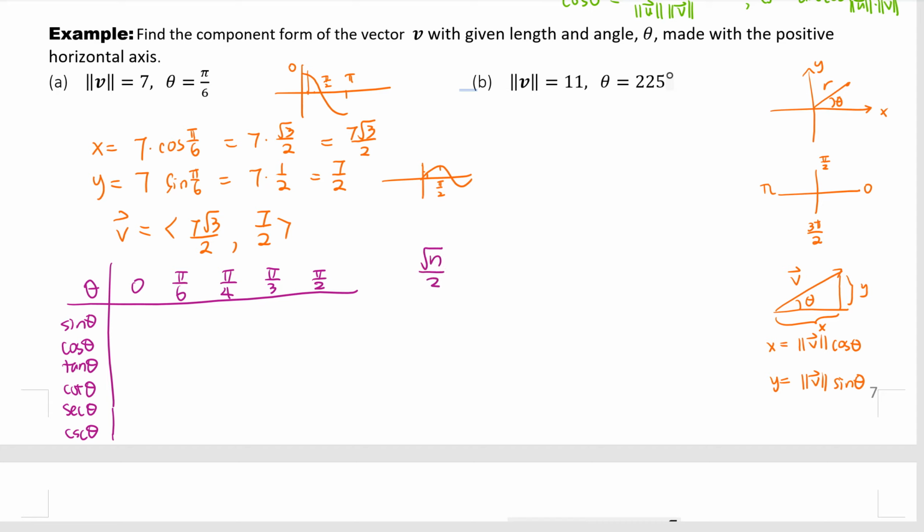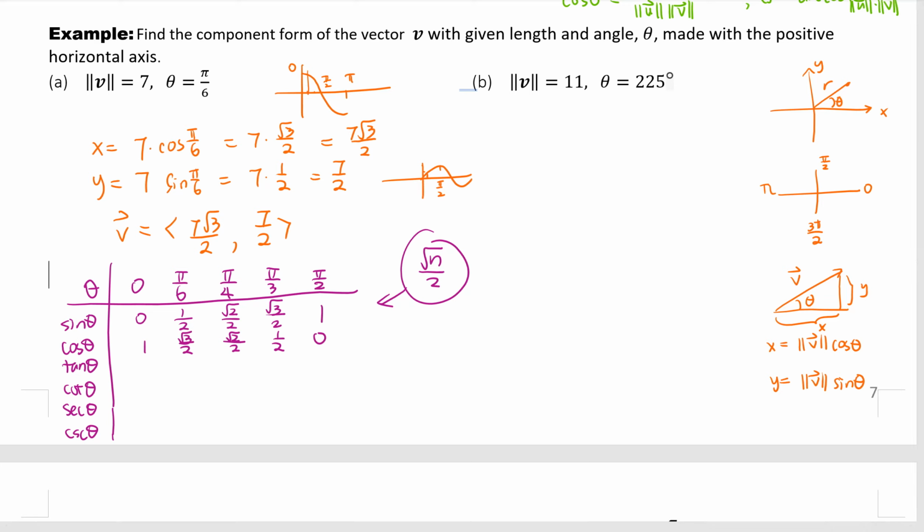The first one corresponds to n is 0, so it is 0. Here we have square root of 1 is 1 over 2, and then square root of 2 over 2, square root of 3 over 2, square root of 4 is 2, but 2 over 2 is 1. So this rule can help us figure out the first row. For cosine, it's the same numbers in reverse order: 1, square root of 3 over 2, root 2 over 2, 1/2, and 0.